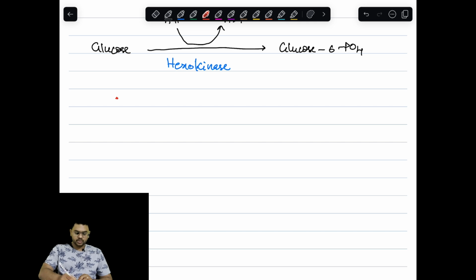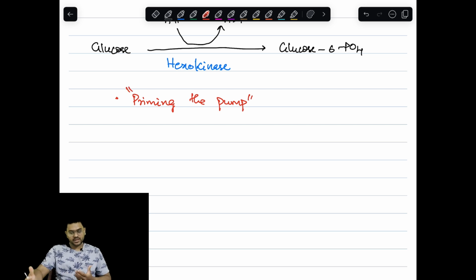So the first thing to remember is that this is a priming the pump reaction. This is the first step in the preparatory phase where we are actually using ATP so that in the end we can gain some ATP out of it.